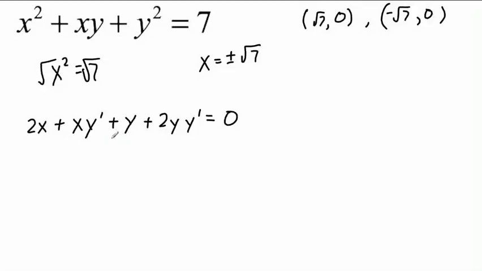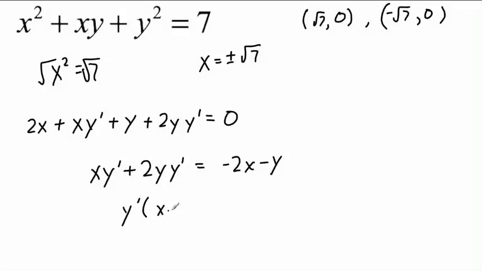I'm going to combine like terms. I'm going to put the y prime terms on one side and everything else on the other. So I'm going to get x y prime plus 2y y prime equals negative 2x minus y. Factor out y prime.